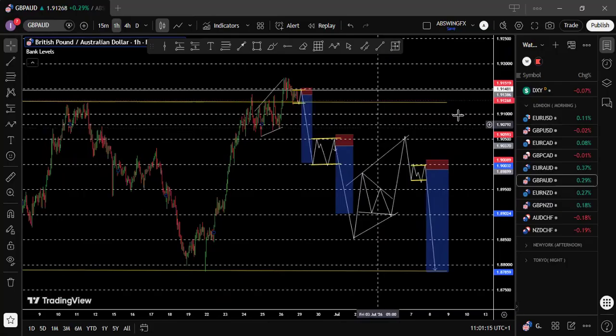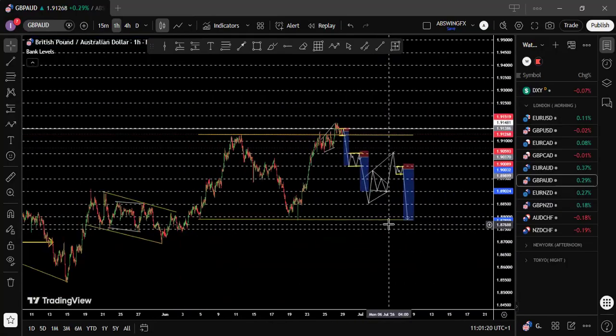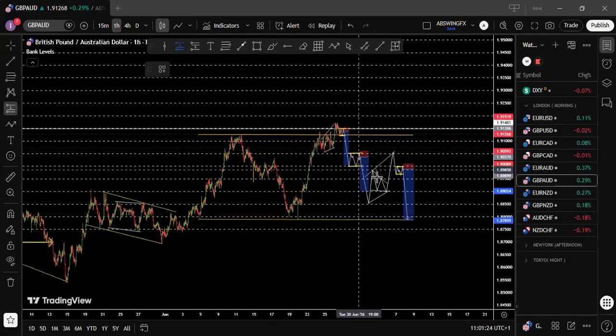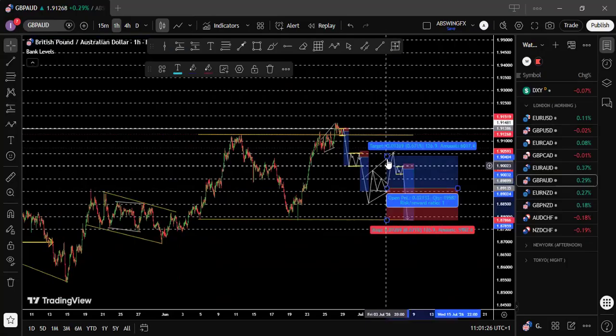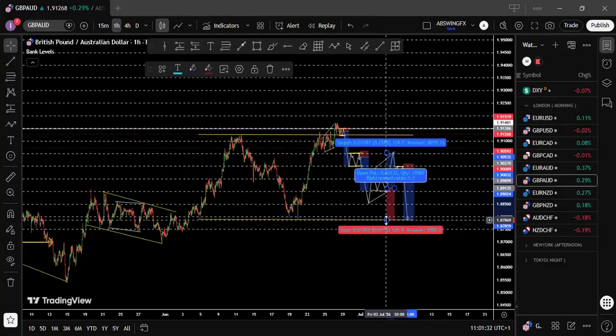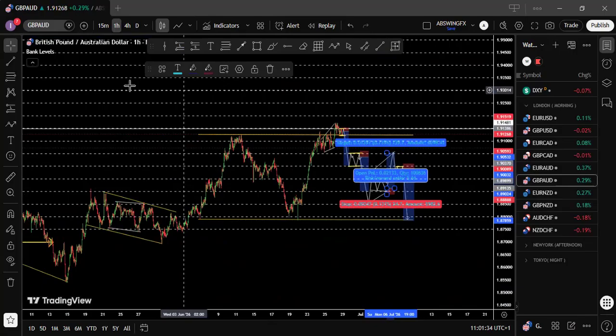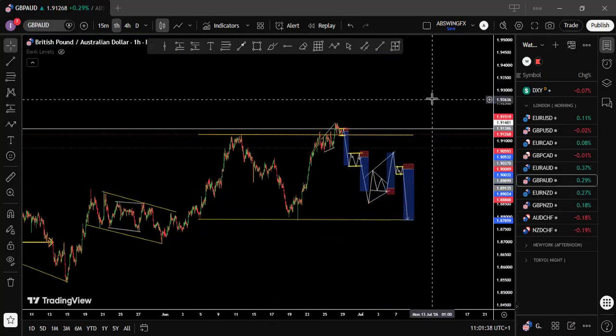Don't be surprised if it plays out. So we're going to have more opportunity of a buy around here. This is not a mere play. This is what I have experienced, how price action reacts.